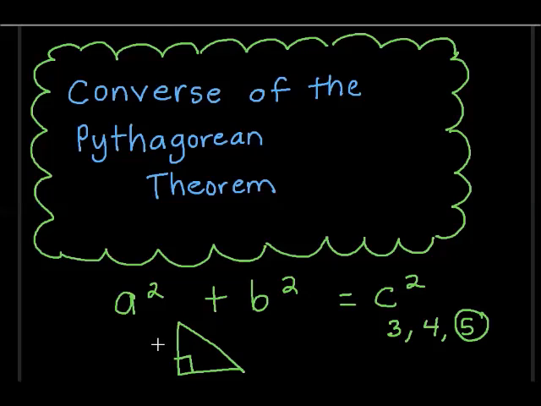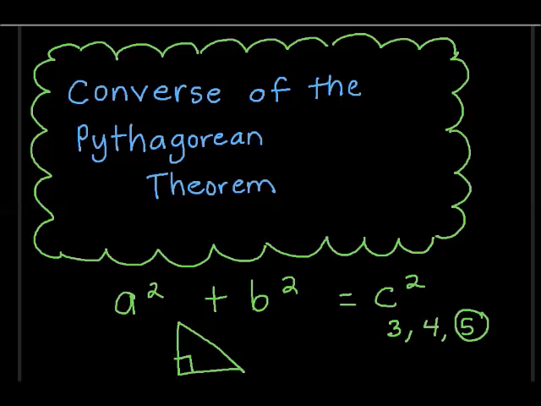It is a right triangle if the square of one side plus the square of the other side, which we call the legs, equals the square of the hypotenuse. What we're going to talk about today is the converse of the Pythagorean theorem, which says that if the sum of the squares of the sides equals the square of the hypotenuse, it is a right triangle.